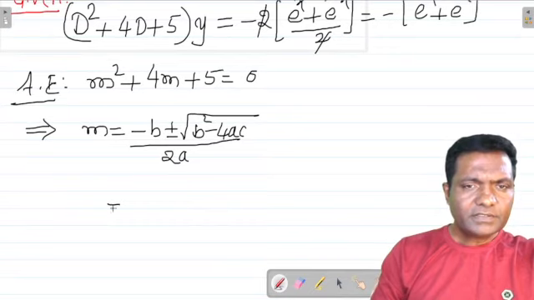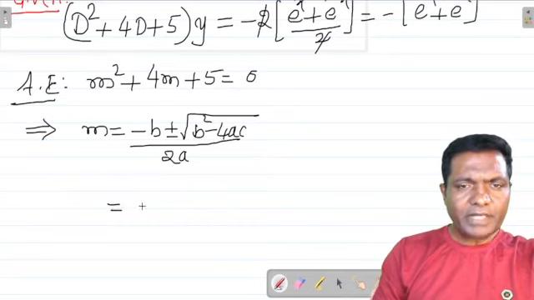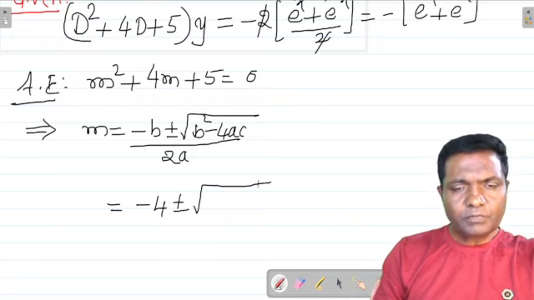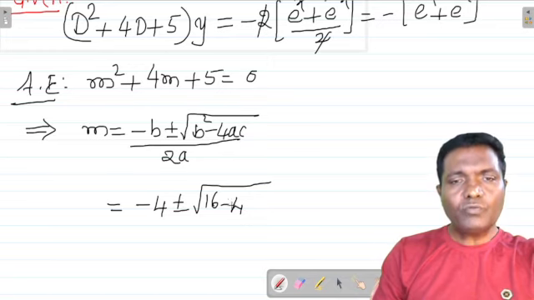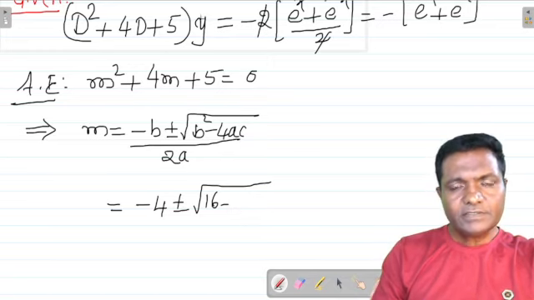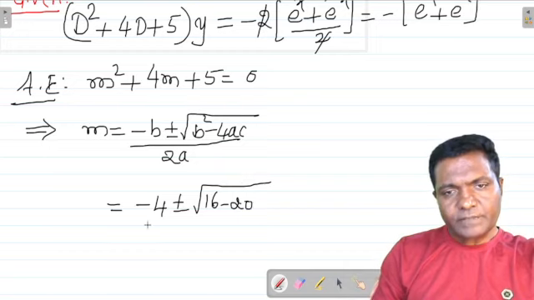Here a is 1, b is 4, c is 5, so it becomes minus 4 plus or minus square root of 16 minus 4 into 5 into 1, that's 20, divided by 2 into a, that's 2.